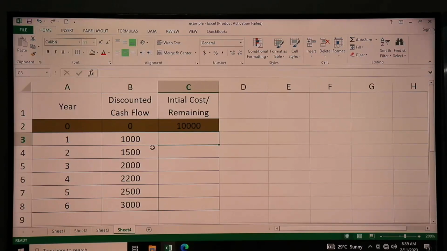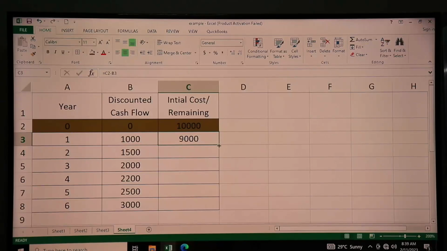So what will be the remaining balance? Then you say equals the initial cost minus the discounted cash flow. This one will give us the remaining balance of the next year.